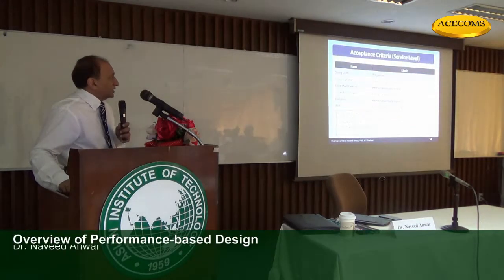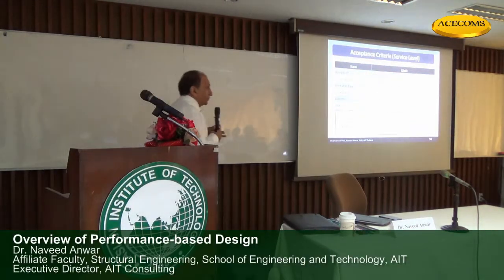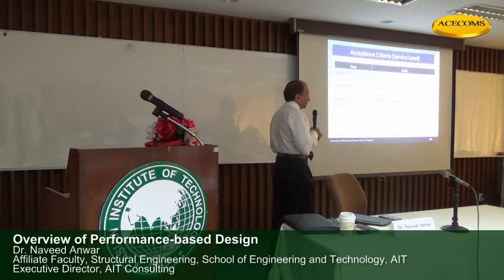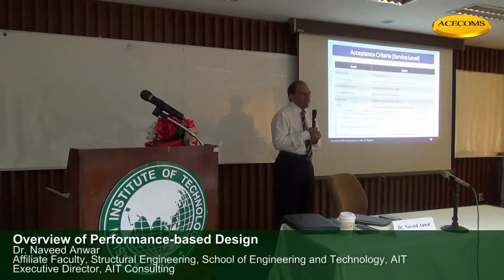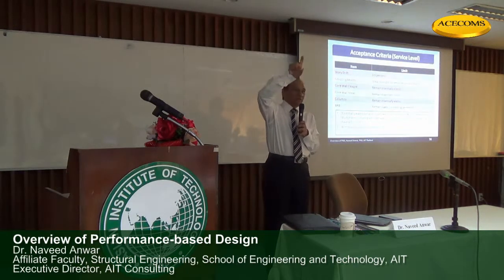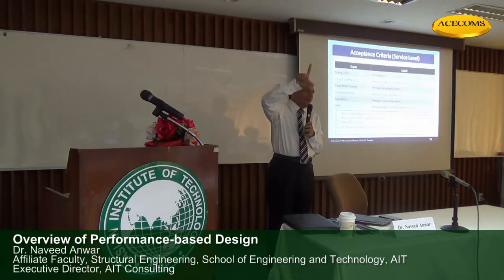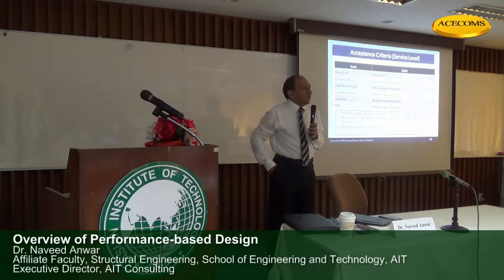Acceptance criteria, service level, different. So for example, please note this one. Story drift, service level 0.5%. That means if one floor is 3 meters high, we are expecting 0.5%. That is 1.5 millimeter.